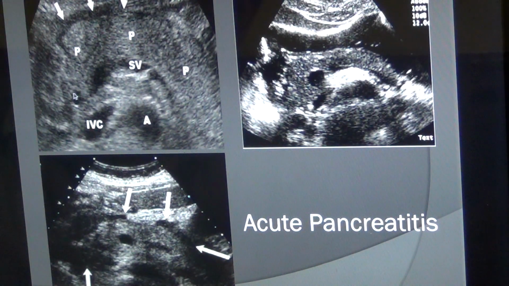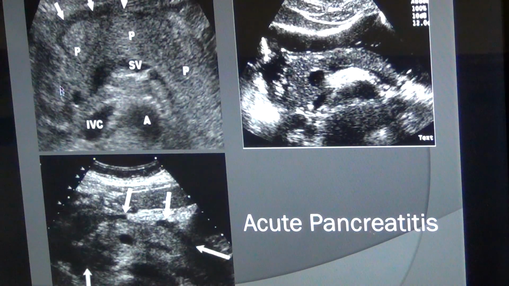So now look at here, the head. This is the uncinate process. The head is going this way. Look, the pancreas is an unencapsulated organ. That means the pancreas is naked. It has no capsule around it. That's why the clear boundary of the pancreas is usually not very visible.